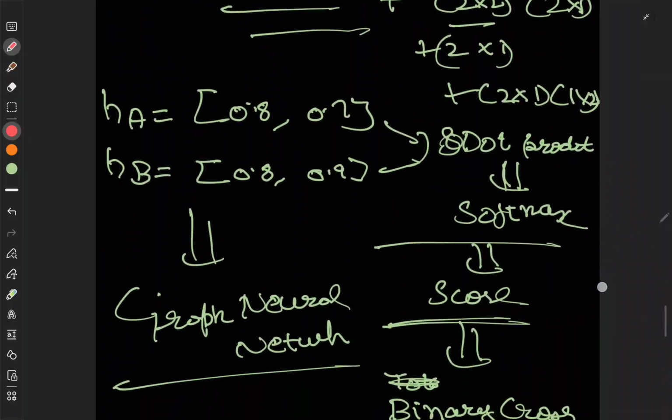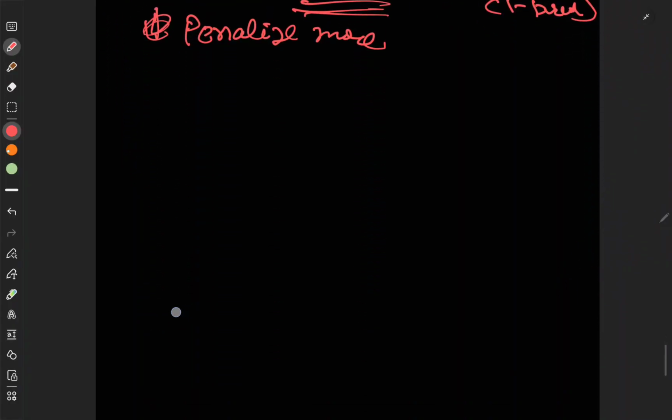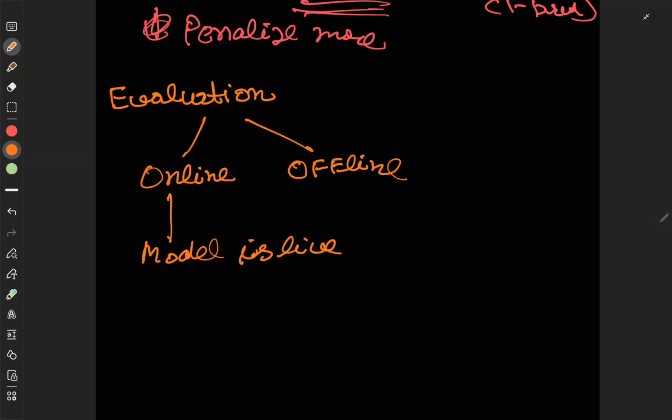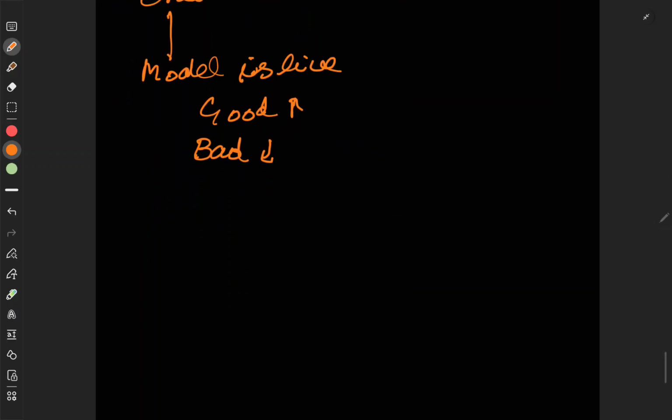Now coming to the next part, that is evaluation. There are two types of evaluation: online and offline. Online evaluation means your model is live and users are using it, but how can you tell that your model is good or bad? Let's consider two metrics.